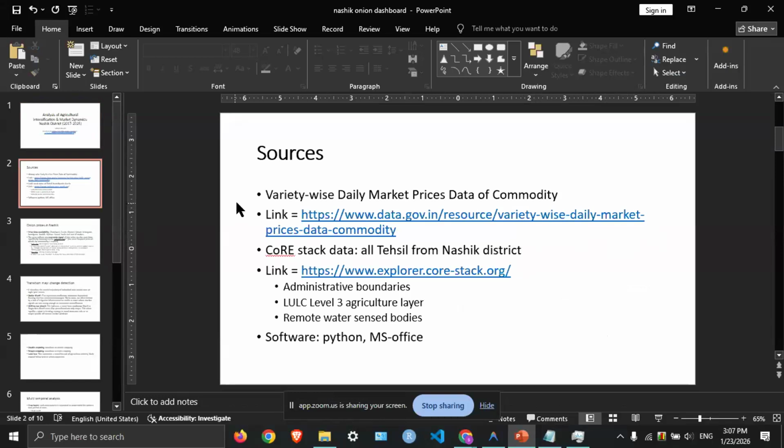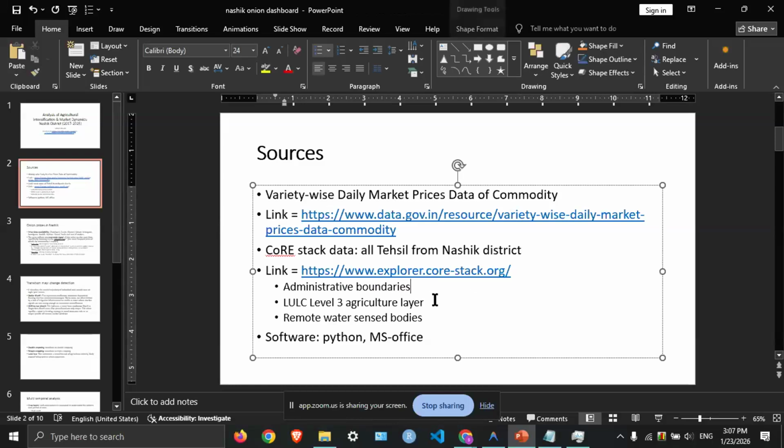I get daily frequency data sets from data.gov.in, which provides daily or weekly market prices of different commodities, so we can filter out a specific commodity or vegetable, say onion. From the explorer.corestack.org website, I get data at tehsil level and Nashik district level: administrative boundaries, a land use level 3 agriculture layer where we can identify kharif, non-kharif, double cropping and triple cropping patterns across different talukas, and polygon data on water bodies where we can trace lakes and rivers and the availability of water.